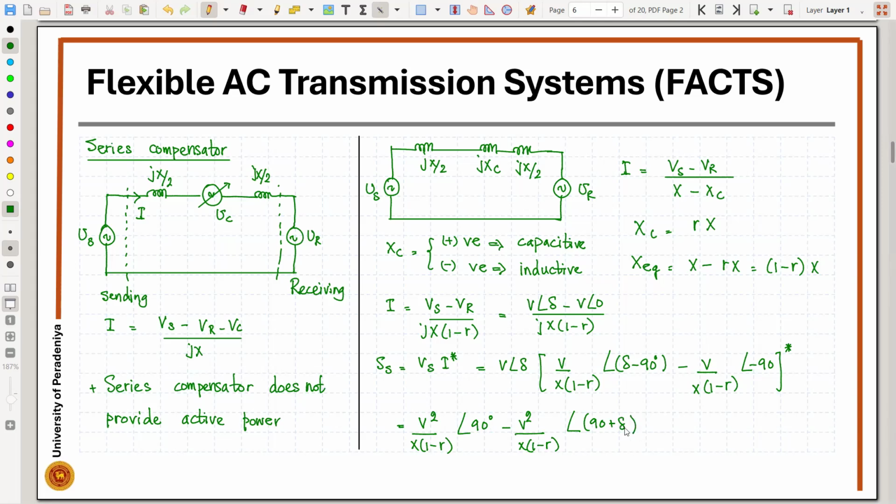When you do the simplification, you would get this equation. You can write the current as V angle delta minus V angle 0 over jX(1 minus R). So the apparent power would be V squared over X(1 minus R) angle 90 minus V squared over X(1 minus R) angle 90 plus delta. From this one, we can expand the active and reactive powers.